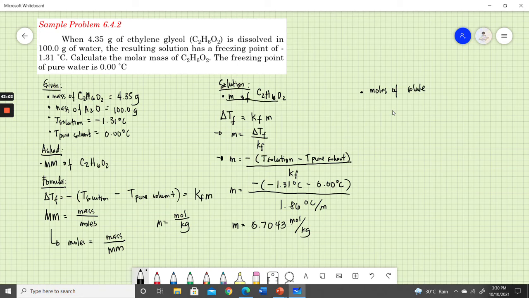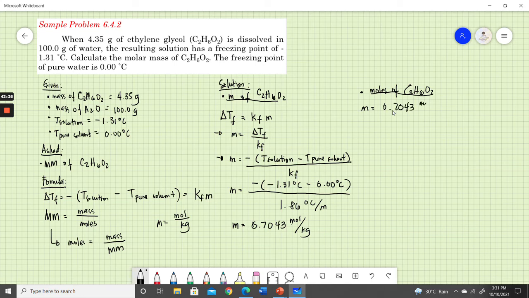Dito ngayon ang hinahanap natin is yung moles ng solute, which is C2H6O2. To get the moles of solute, what we can do is to multiply the mass of the solvent to the molal concentration.